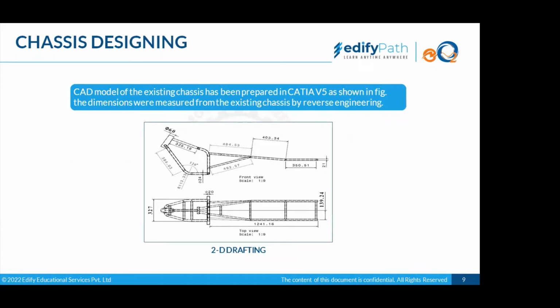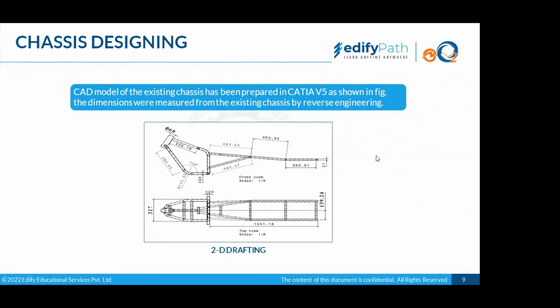It was disassembled, all components were removed from the vehicle, and then the dimensions of the chassis were taken and put into CAD to give this 2D model that you can see in front of you.